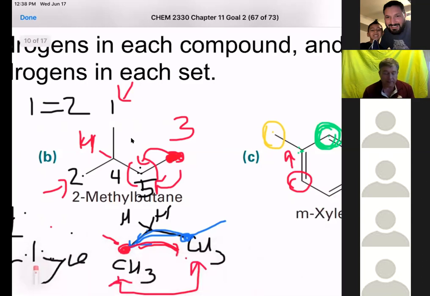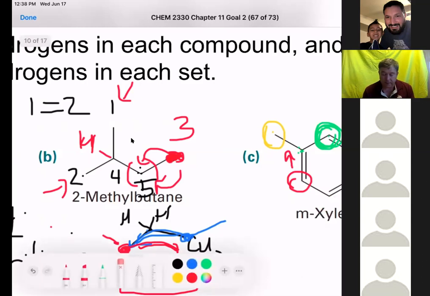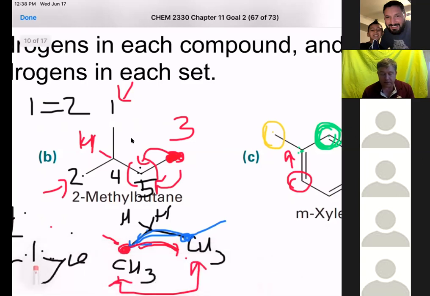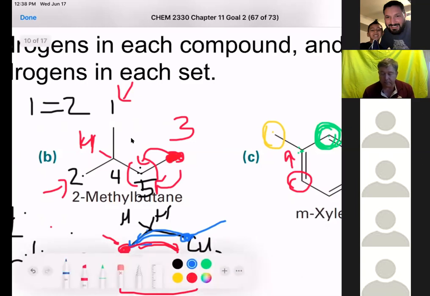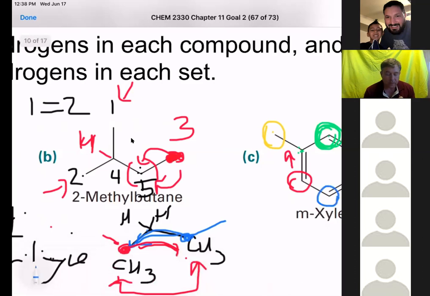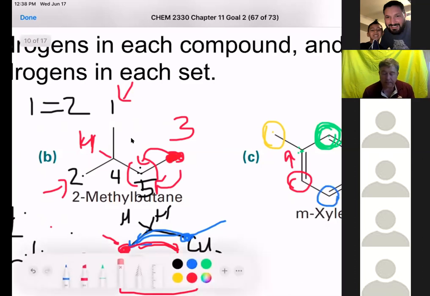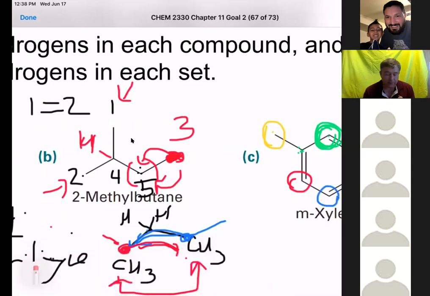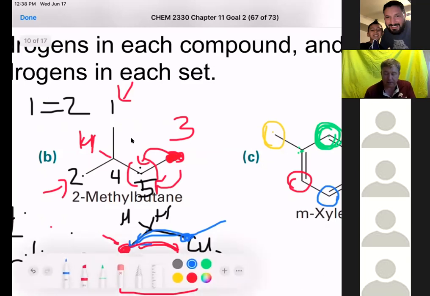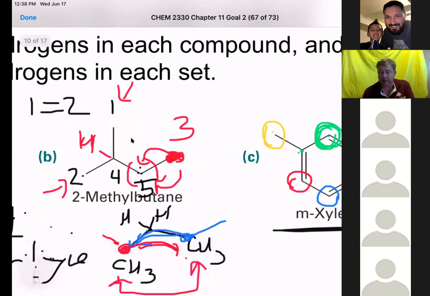And that makes this last one its own type of hydrogen because there's nothing else like it. So do we see that we have different hydrogens because of the connections made? In this compound we have 1, 2, 3, 4 different types of hydrogens, which means this is going to give rise to 4 different peaks in our proton NMR.